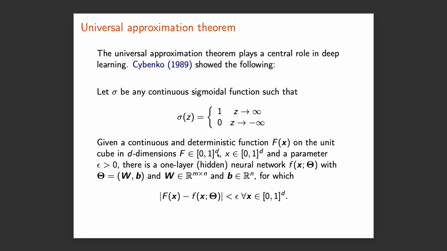There was a huge wave, a surge back in the 1990s with Cybenko's theorem, which simply states that if you have any continuous sigmoidal function, then given a continuous and deterministic function f of x, and this is done on the unit cube, you will see the same if you're taking a course in real analysis. Has anyone heard of Weierstrass' theorem?